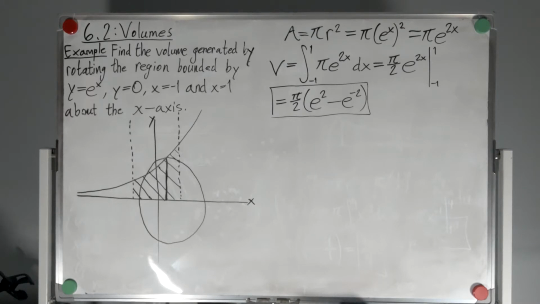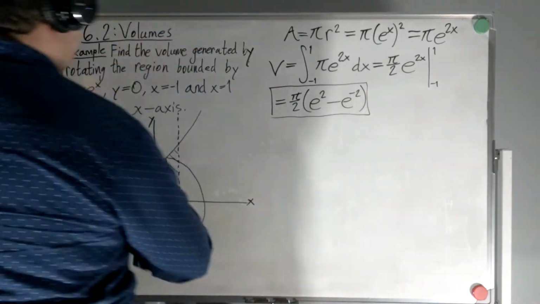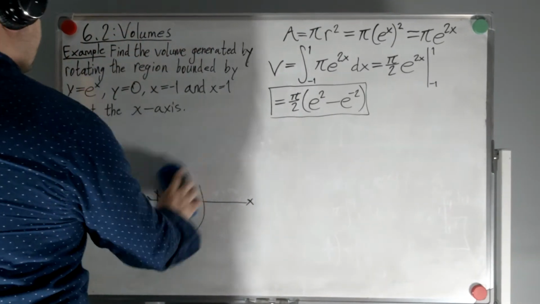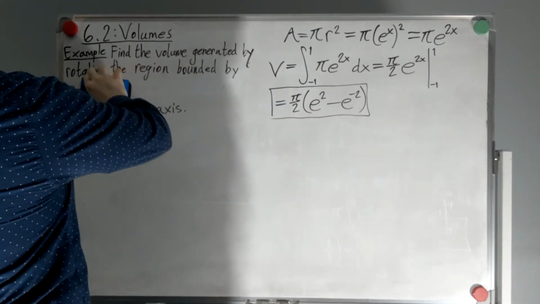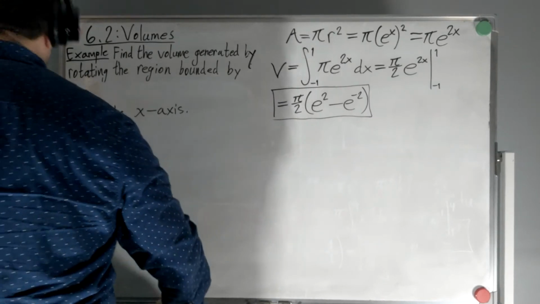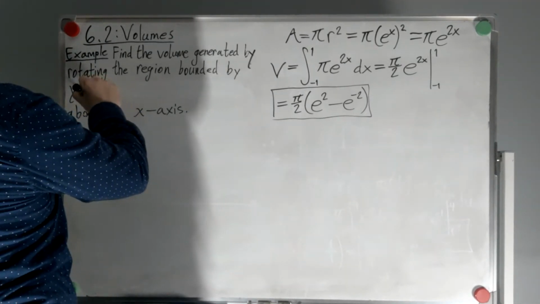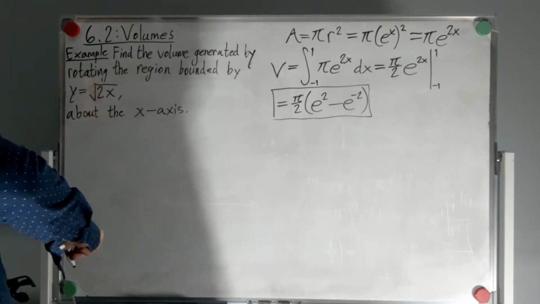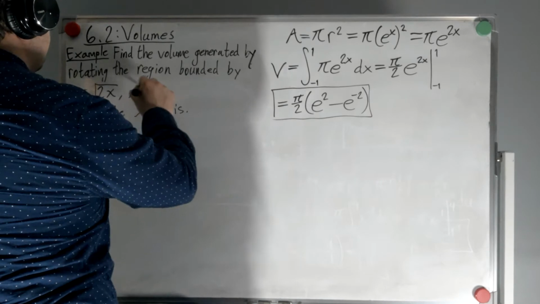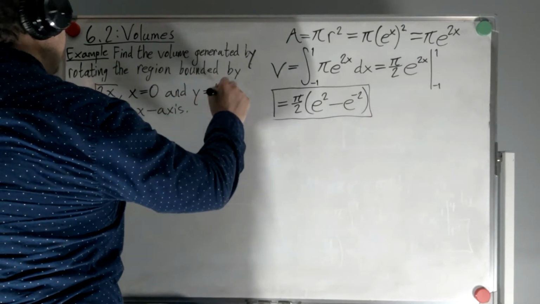Let's do another. So here we've got y equals the square root of 2x, x equals 0, and y equals 4.